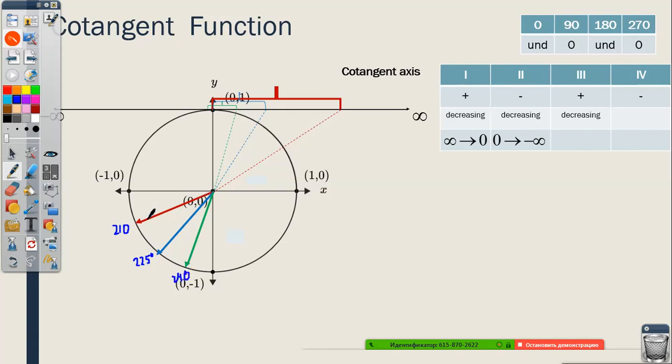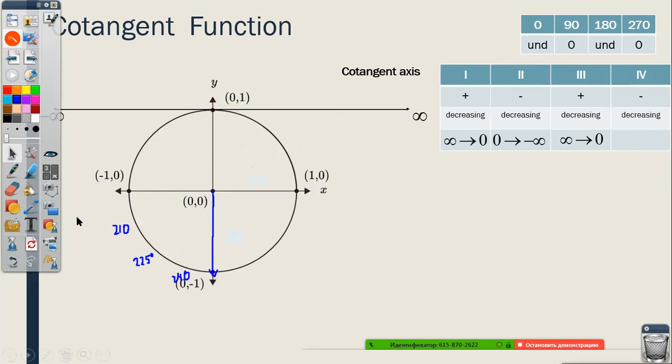So see here, the cotangent of 210 is greater, 225 is smaller, so 240 is the smallest one here. So when the angle is increasing in the third quadrant, cotangent is again decreasing, from positive infinity to 0. And at 270, cotangent is 0.